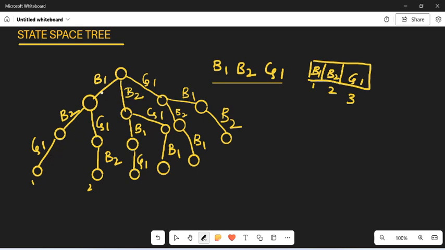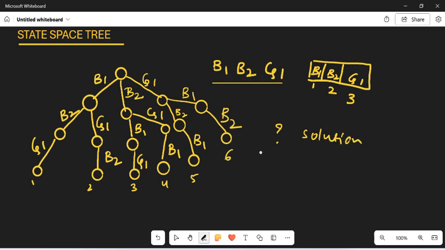Similarly, boy 1, girl 1, boy 2; boy 2, boy 1, girl 1; like that, all different possibilities. In total how many possibilities did I get? 1 2 3 4 5 6 possibilities, right. Now out of these 6 possibilities, what is our solution?